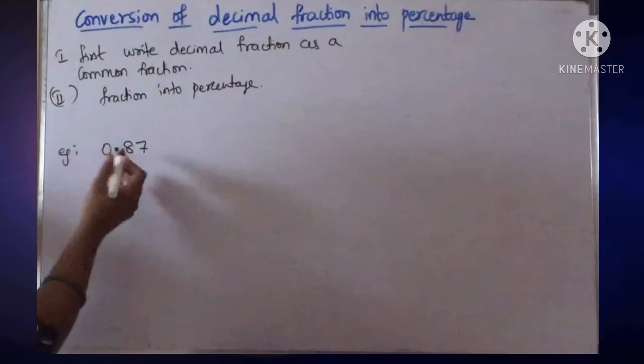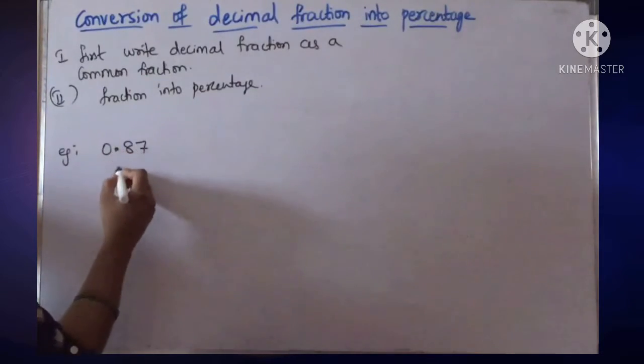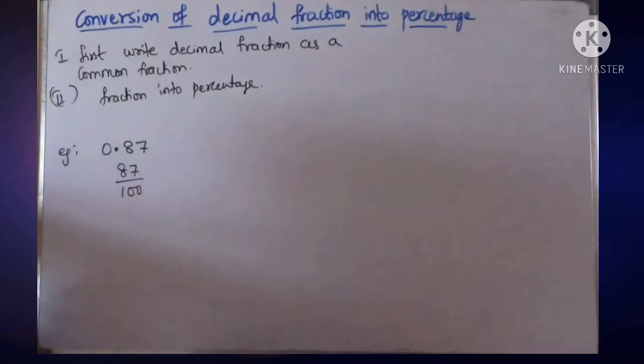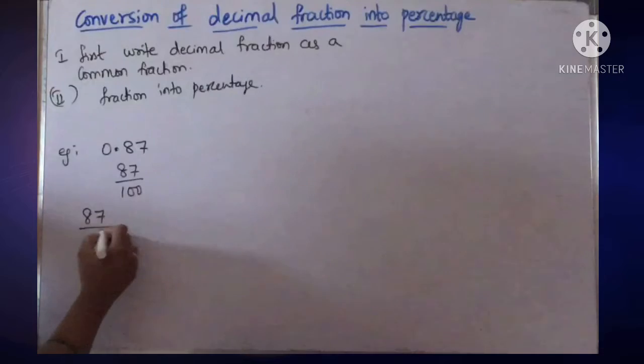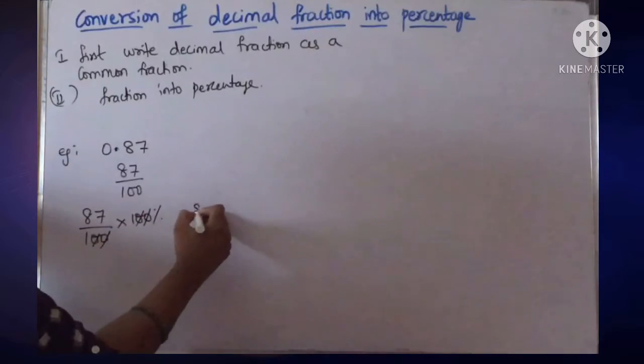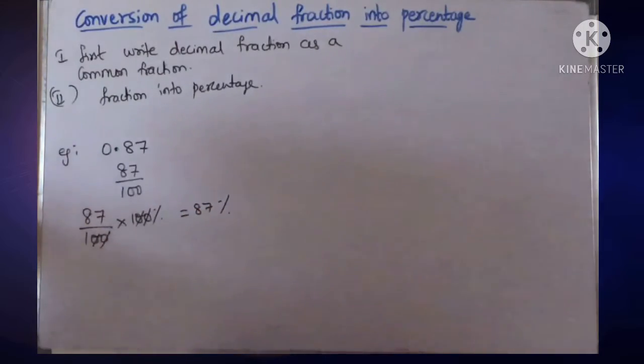Here 0.87. Convert this into a fraction, decimal after two numbers, so 87 by 100. 87 by 100 is a fraction. Now how to convert a fraction into percentage? You multiply with 100%. So when the zeros get cancelled, 87% is the answer.